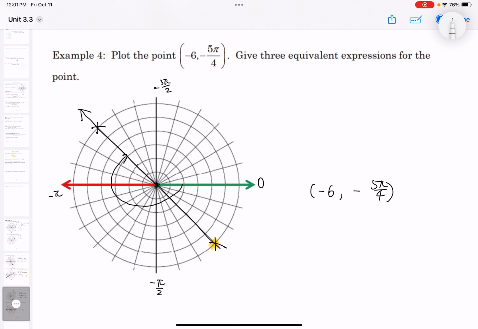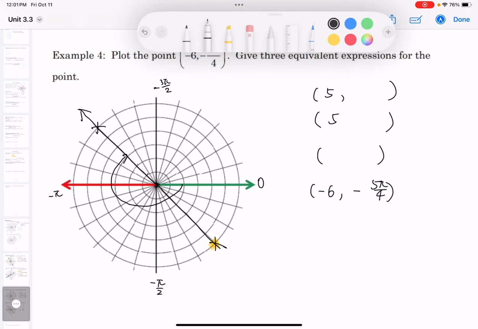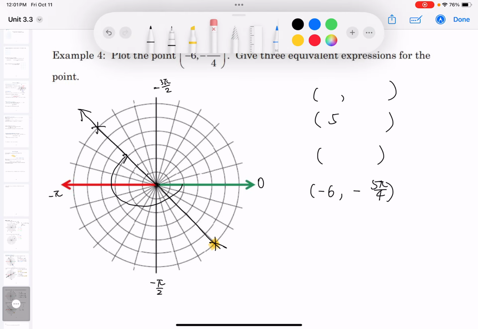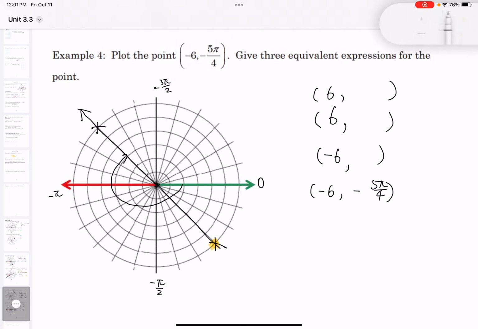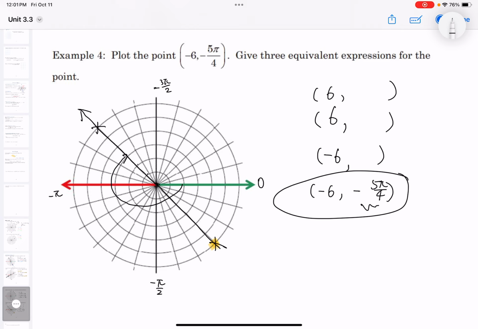I need another 3 points. So first two, they have the positive r, which is +6, and the next one is -6. Let's find the angle. If this one is given, can you find a coterminal of the angle -5 pi over 4?